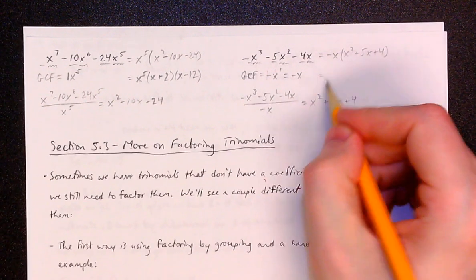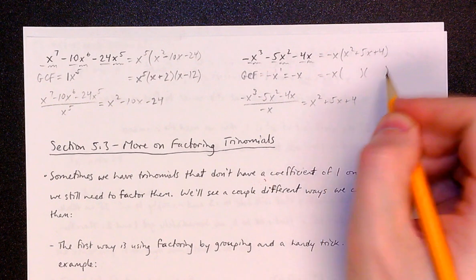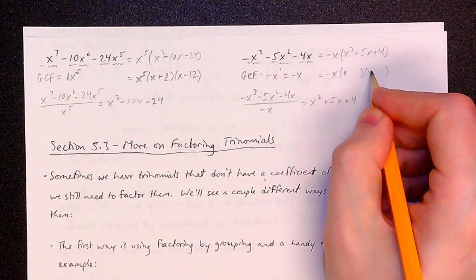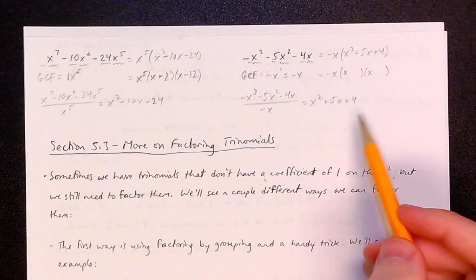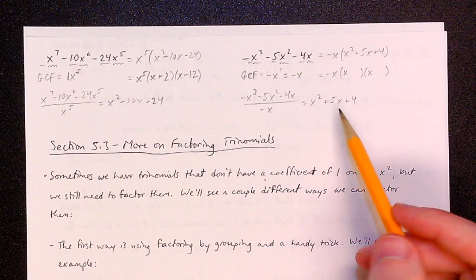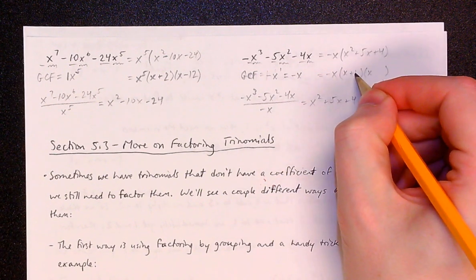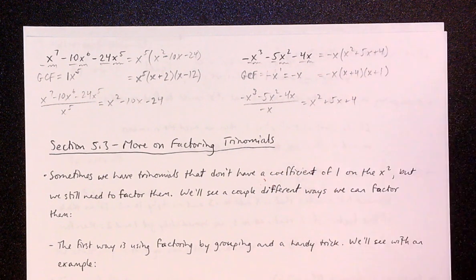Now let's see if we can factor this trinomial further. X and x. I need numbers that multiply to positive 4 and add up to positive 5. Shouldn't take you too long to figure out that the numbers you're looking for are positive 4 and positive 1. So plus 4 and plus 1. And there you go. It is totally factored now.